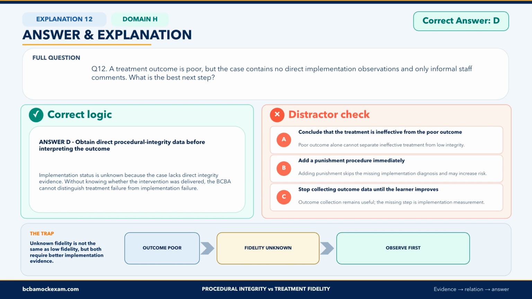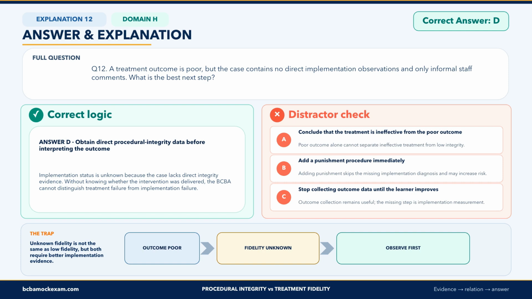Implementation status is unknown because the case lacks direct integrity evidence. Without knowing whether the intervention was delivered, the BCBA cannot distinguish treatment failure from implementation failure. The trap is that unknown fidelity is not the same as low fidelity, but both require better implementation evidence.